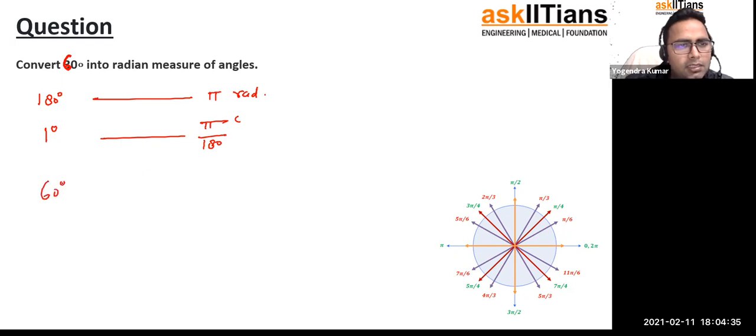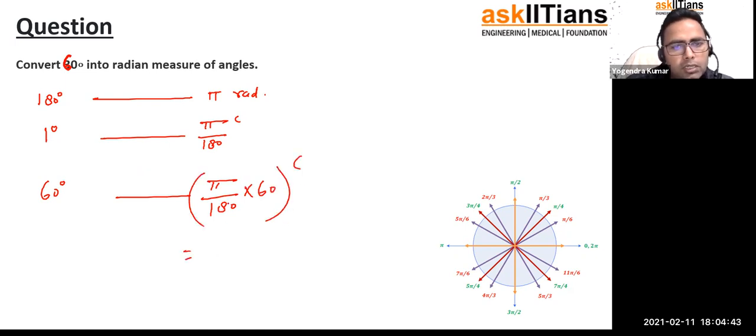Now 60 degrees will be pi divided by 180 into 60 radians, which is, if I cancel this, pi divided by 3 radians. That's all, right? These are the values written. You can understand, right? So you need to remember at least the standard angles. 0 degree, 0 radian.